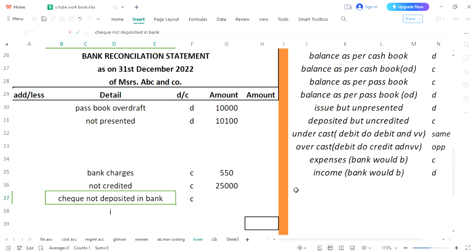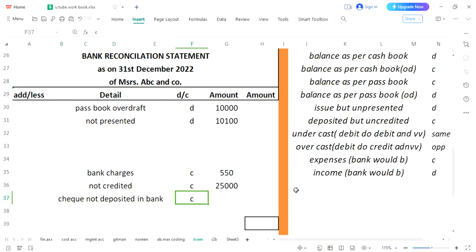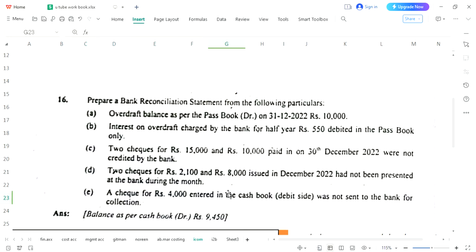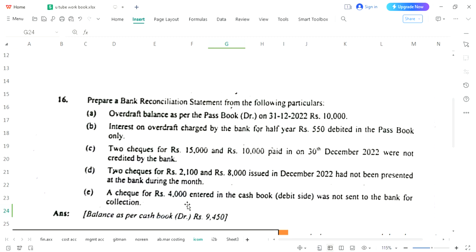Check were not deposited into the bank though they were received. Let's put the amount. Check 4,000 entered and not sent to the bank. So we will write 4,000 over here. In this way all entries are completed. As you can see, with the 4,000 entry, there were five total entries.